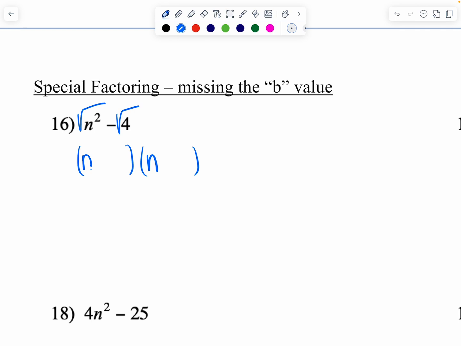And the square root of 4: what times itself gives me 4? That's going to be 2. And we have one plus and one minus. And that's it. If you were to write the minus first, it would still be the exact same thing. The order of the plus and minus doesn't matter.